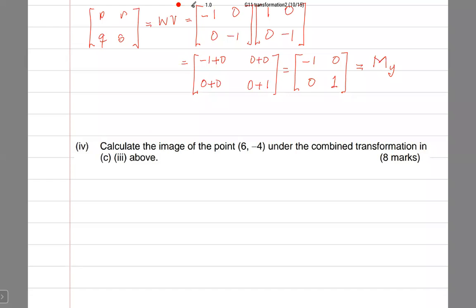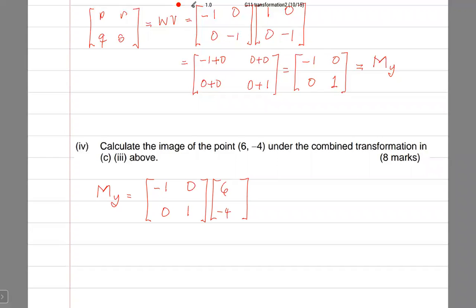All right, so the fourth part of the question asks us to calculate the image of the point 6, minus 4 under the combined transformation in part 3. Now, the combined transformation is My, which is minus 1, 0, 0, 1. We're going to apply this now to the point 6, minus 4.